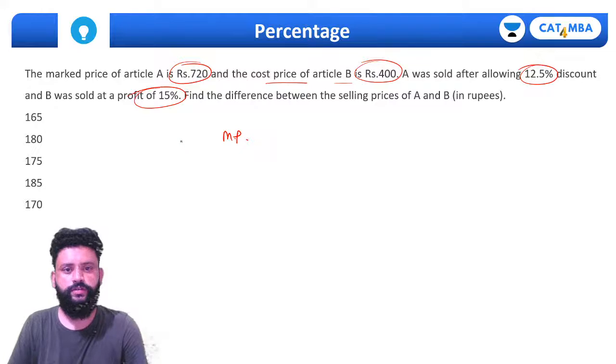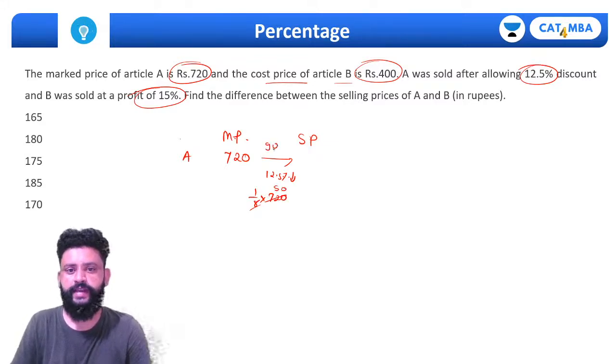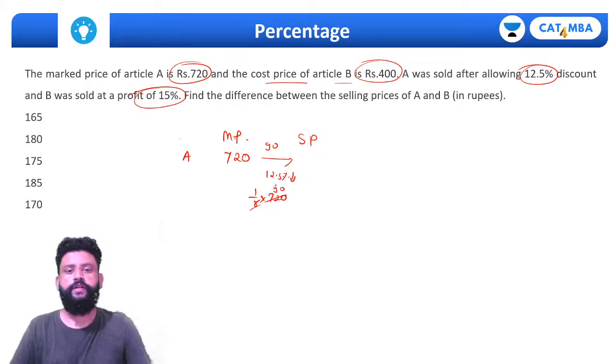Mark price of A is 720 and selling price will be after a discount of 12.5%. You know 12.5% is 1 by 8 into 720. It's not that tough now. It is decreased by 90, right?